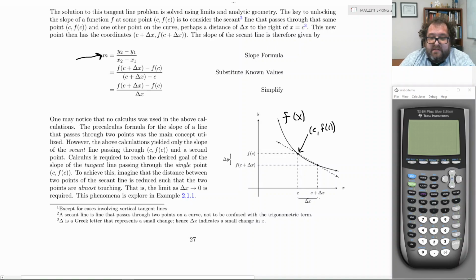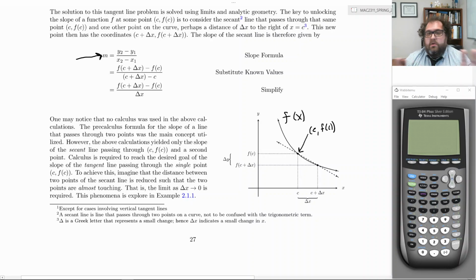Now, what about this value over here? I have it labeled as C plus delta x. Now, don't let delta x throw you for a loop. Delta x simply means a small distance on the x-axis. So, you see here I have it labeled like this. It's the small distance on the x-axis. Likewise, delta y is a small distance on the y-axis.